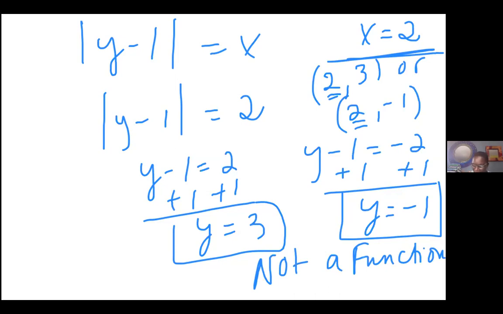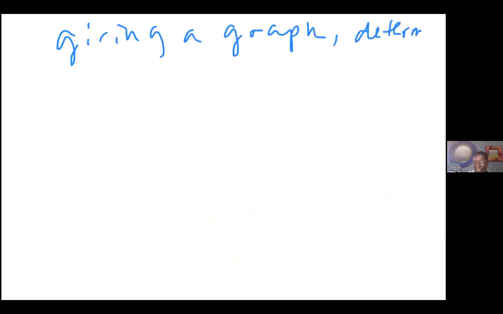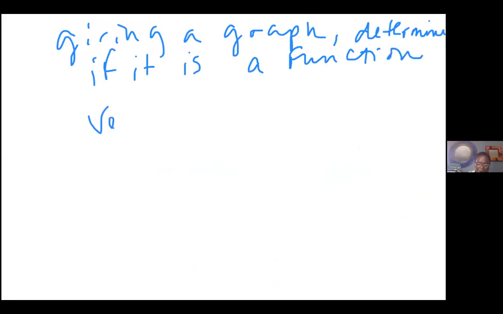All right. So here comes the next part, guys. If you're given a graph, you have to determine if it is a function. And this part is easy because you guys have been doing this forever. Now, for these guys, remember, if you're given a graph to determine if it's a function, you perform the vertical line test.